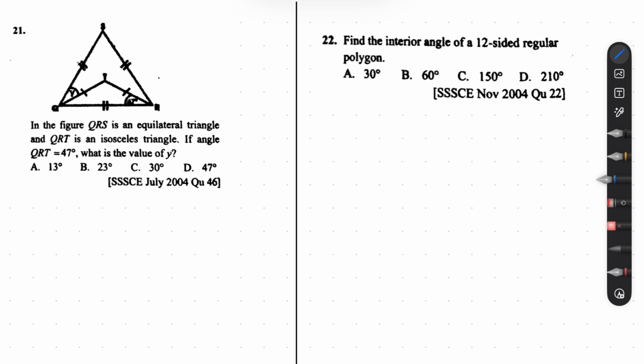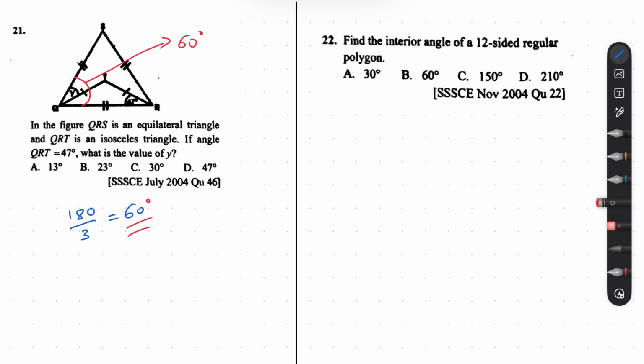If the angles are the same, we know that the sum of the angles in a triangle adds up to 180. So when you divide 180 by 3, you get 60. So in an equilateral triangle, each of the angles is 60 degrees. So this whole angle here is 60 degrees.